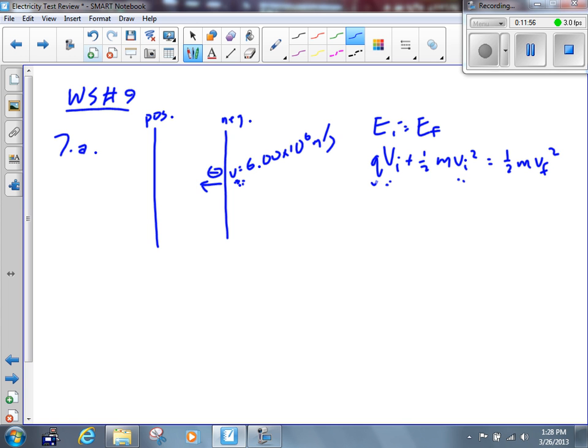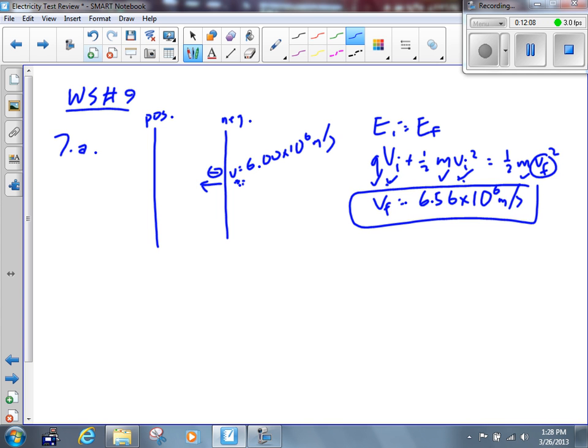Okay, we plug in our numbers here. And we end up solving for VF. VF in question A works out to be 6.56 times 10 to the 6 meters per second. The initial speed was 6 times 10 to the 6. Now we're at 6.56. We've sped up. Seems like a reasonable number. It's slower than the speed of light. It's faster than we started, so it seems pretty reasonable.